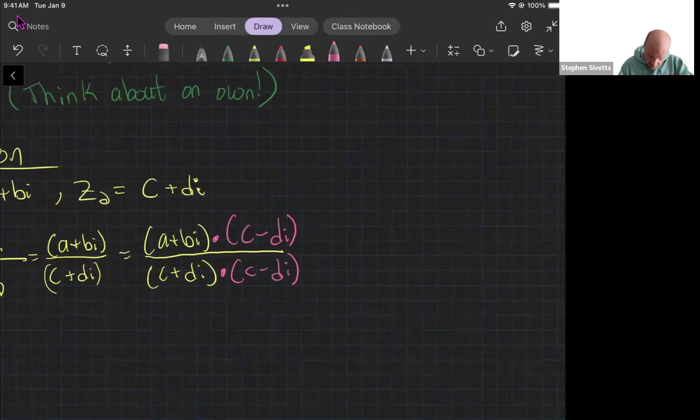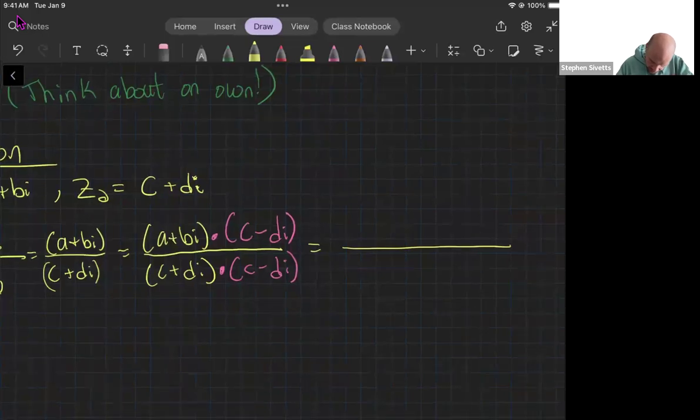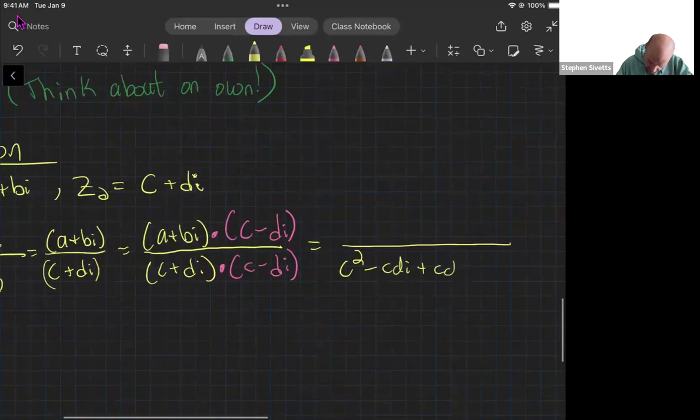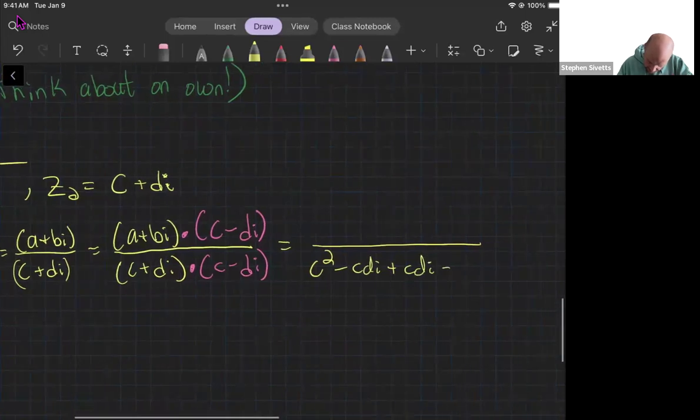What is going to happen here is in the bottom, you'll have C squared minus CDI plus CDI minus DI squared.